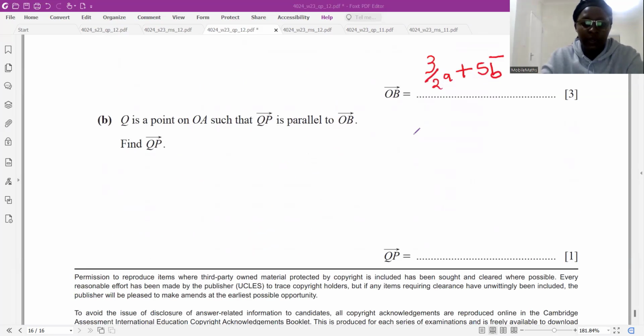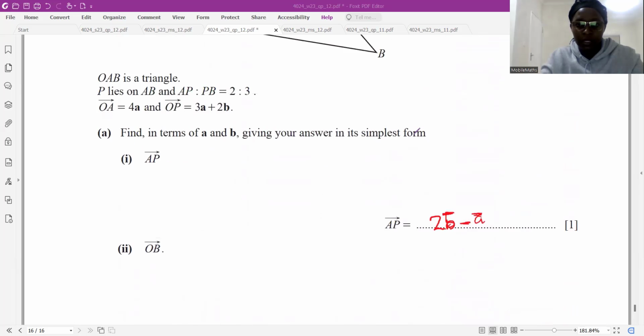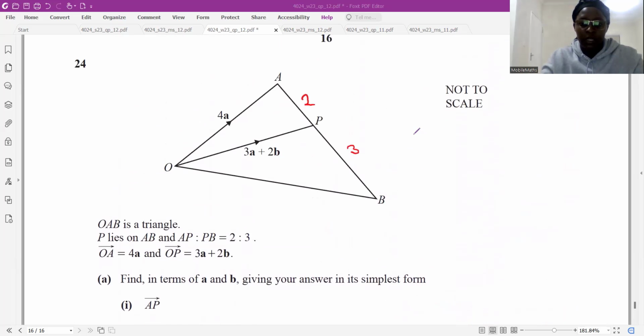Then the last question, they're saying Q is a point on OA such that QP is parallel to OB. Find QP. Okay, so let's find QP. So you find out when it's parallel, it's going to be somewhere like this. It's going to be parallel to OB.